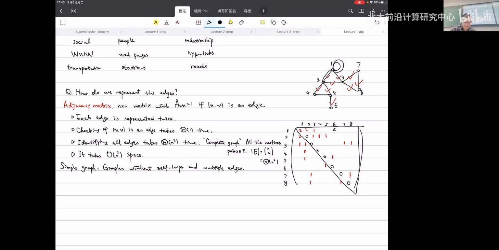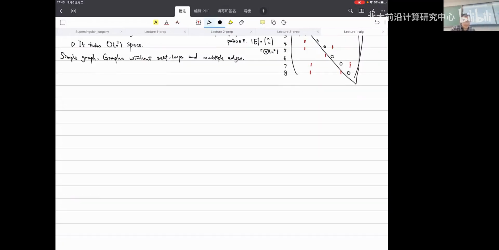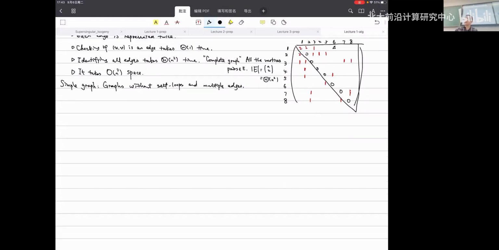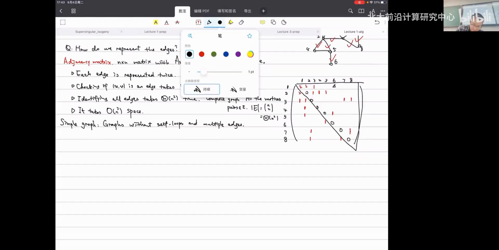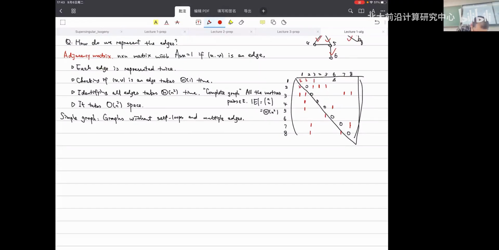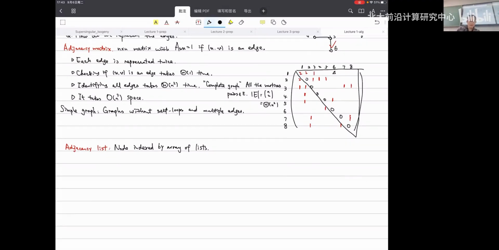So let's talk about some other models that we can use to store the edges in a graph, and this is a model called the adjacency list. In the adjacency list model, basically we have nodes indexed by an array of lists. So what do I mean by that?